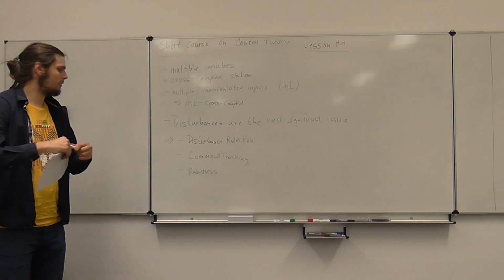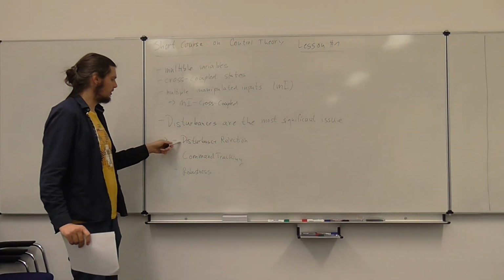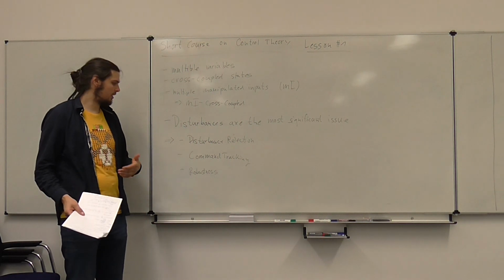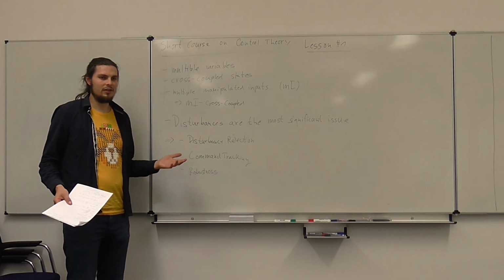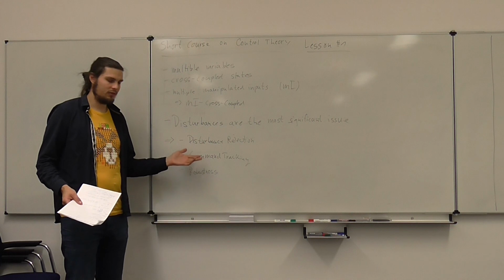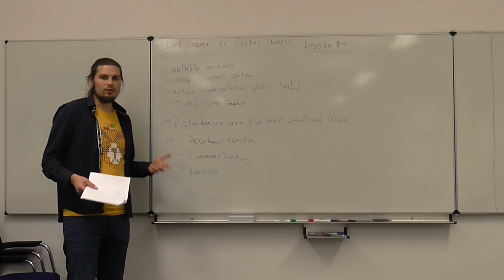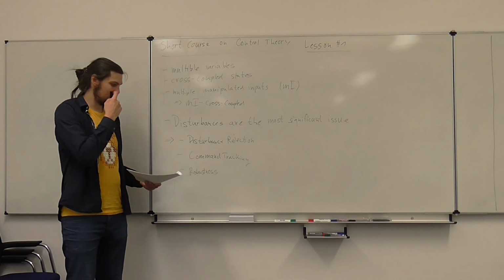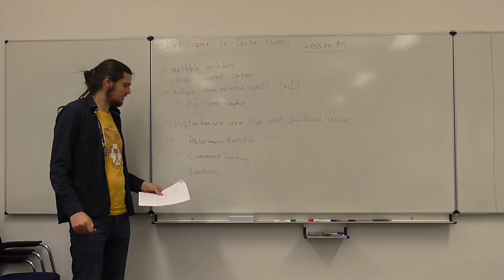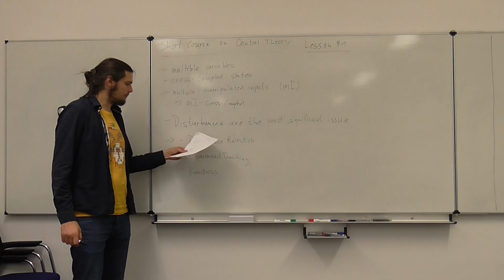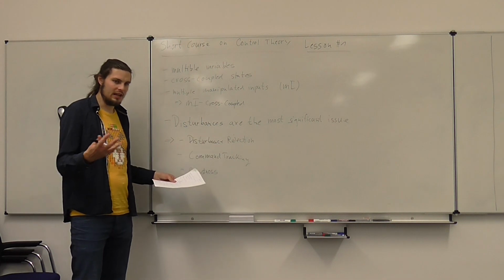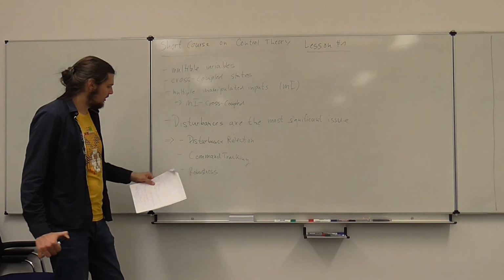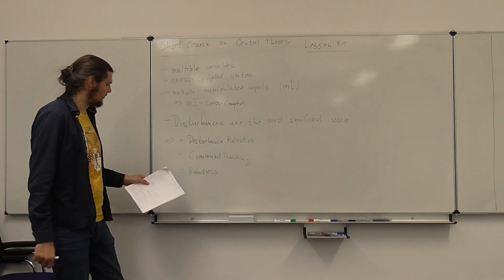To clarify what all these words mean, disturbance rejection is probably very intuitive, right? It basically means how well can we reject something that we don't want, like a disturbance. The second, command tracking, is also very straightforward. We have a command, a reference that we want to track, and how well do we actually track it. Both of these have a dynamic metric that we will have to look at, and we get to this very soon.